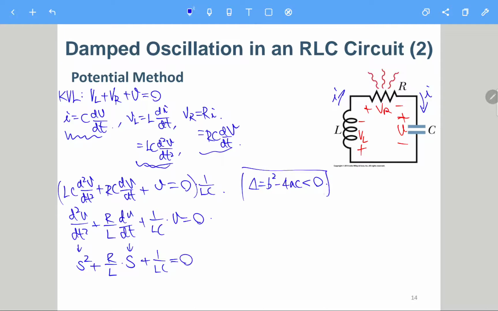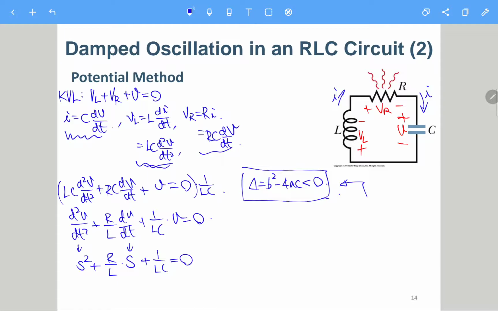We will make this assumption, because if B squared minus 4AC is larger than or equal to 0, it is nothing but real roots, distinct or repeated, and then the solution will be exponential decay. So this is not what we are looking for. Usually we will consider the case for delta smaller than 0.